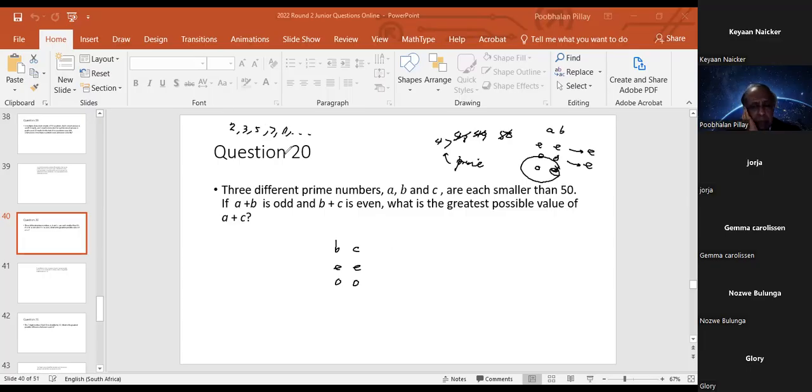Amongst the prime numbers, very, very important fact, there is only one even prime number. Don't ever forget, very useful fact, the even prime number, namely 2.